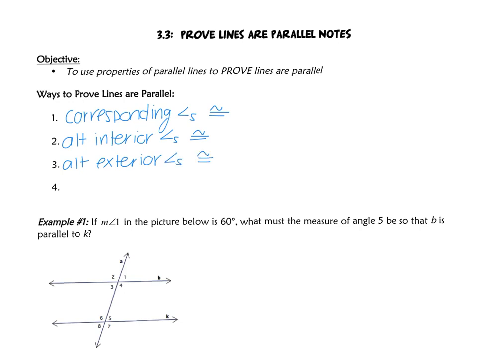And the last way to prove parallel lines is if your consecutive interior angles are supplementary. Remember that from the last video. These are the angles that add up to 180. So if we can prove one of these 4 things, then we have parallel lines.